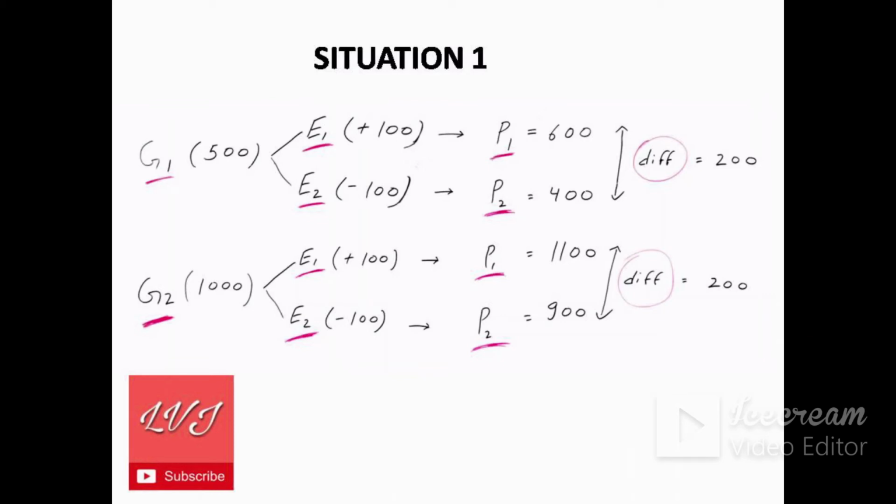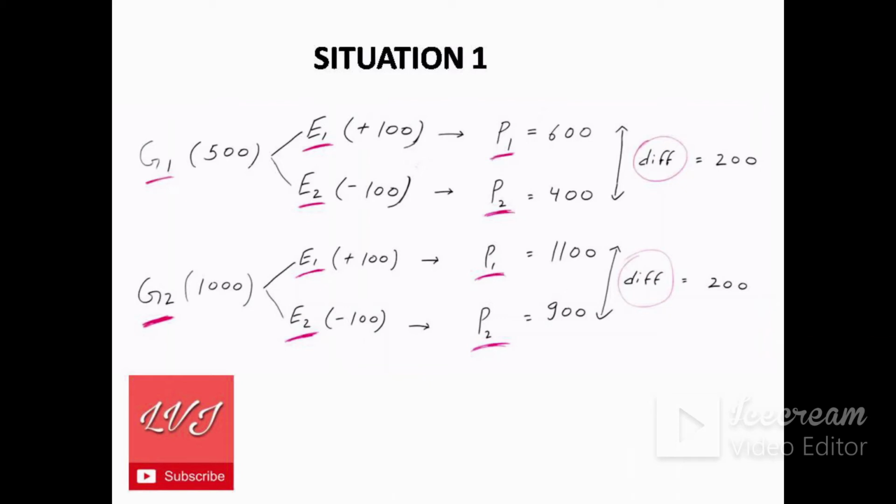Environment 1 is good, and due to environment 1 there is an increase of 100 kg of milk, and environment 2 is not a good environment. This is a harmful environment, and because of environment 2 there is a reduction of 100 kg in performance.